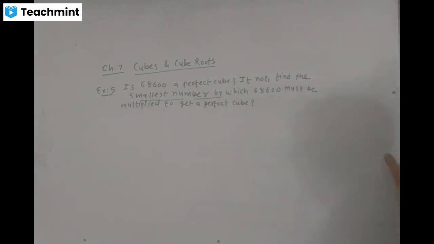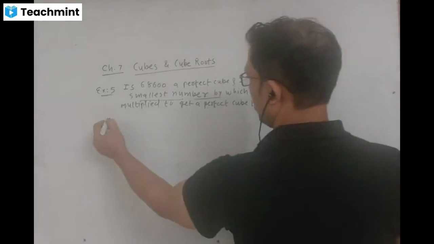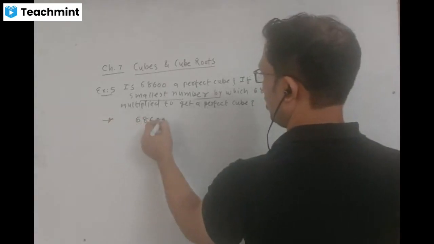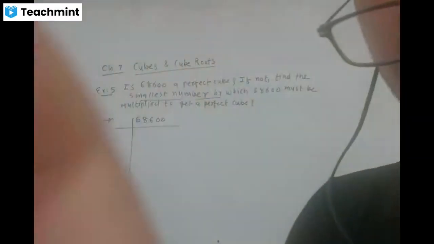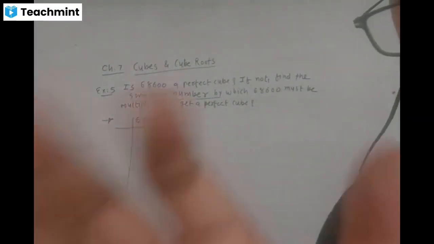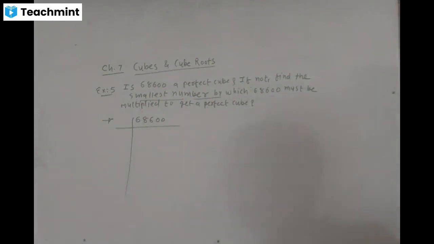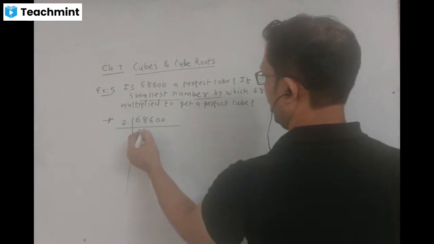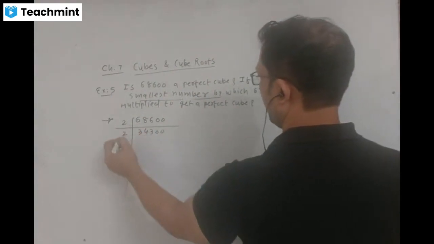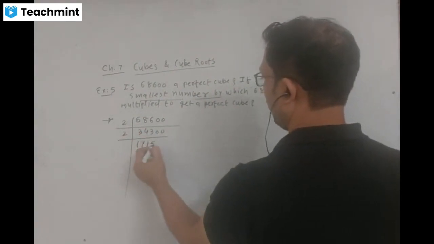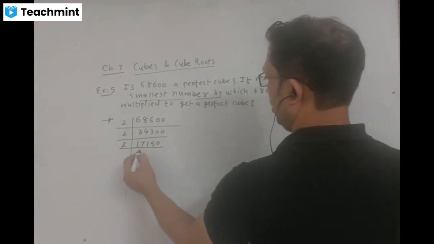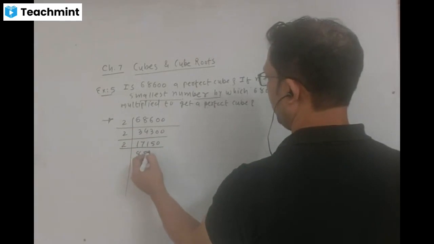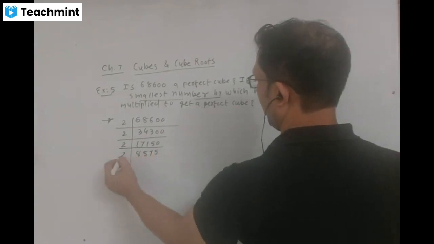68600, be a perfect cube. Therefore, first we divide by the number 2, 34300. Again we divide by 2, 17150. Again 8575.